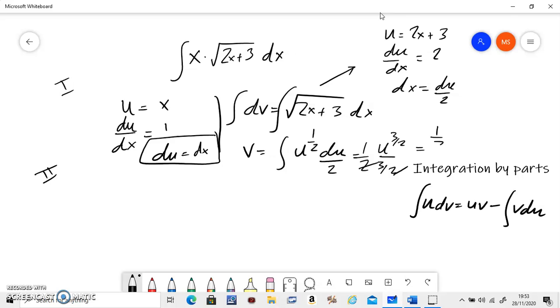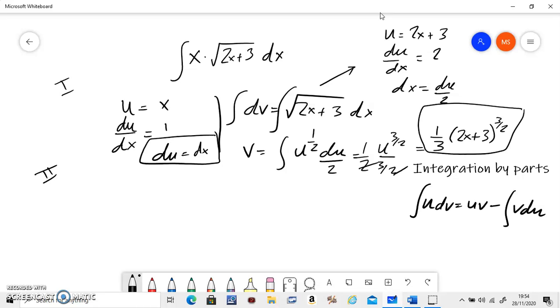So you get 1 over 3. And you replace the u again, 2x plus 3 to the power of 3 over 2. This is your v. So a little bit difficult, but you have to understand integration using u substitution in order to do this.